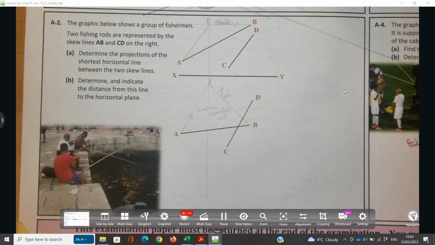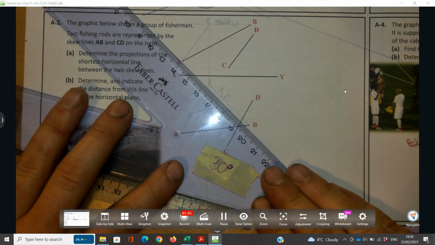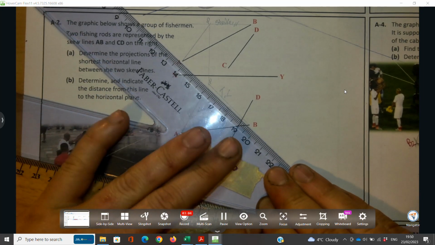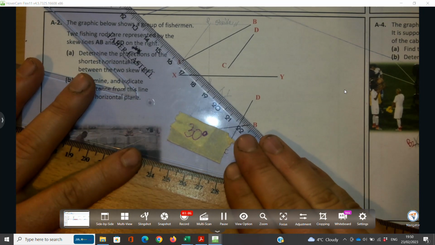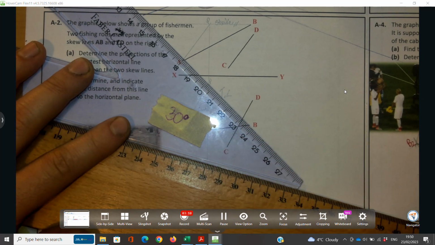Now I'm going to look along line PB, because it's a true length, and the plane, or the lamina, APB, is going to project as an edge. So I'm looking along line PB.